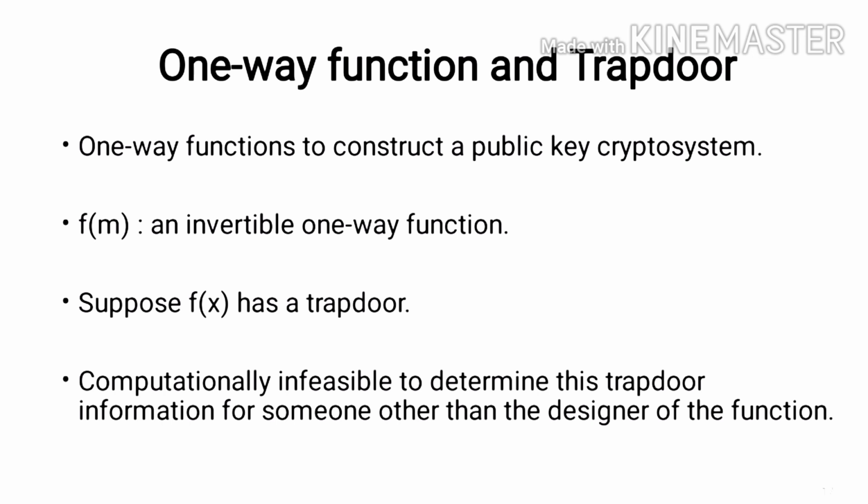Now, suppose f of x has a trapdoor. This means that there is an easy way to solve y equals f of x for x, but only with some extra information known only to the designer of the function. It is computationally infeasible for someone other than the designer of the function to determine this trapdoor information.